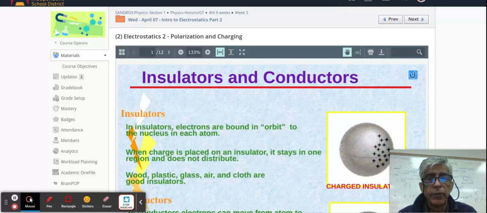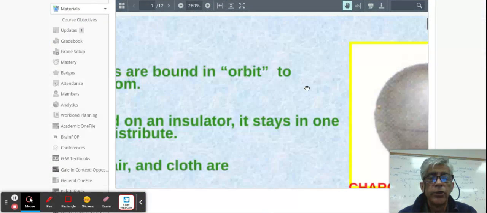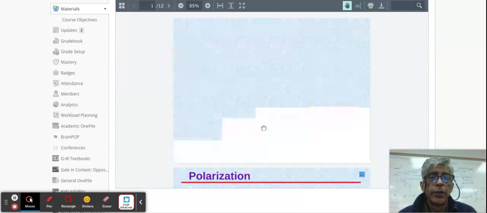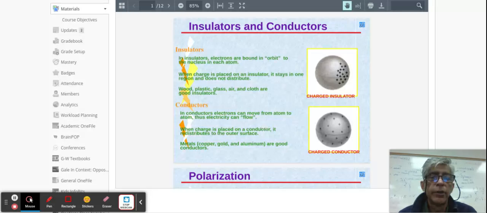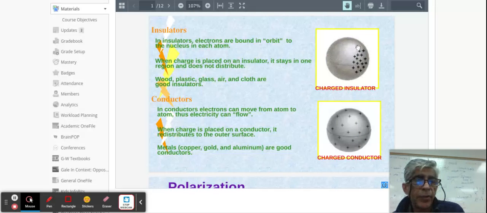Here we're looking at a picture of a charged insulator and a charged conductor. What I want you to notice is how in the charged insulator, the charges are in one place. How did this happen?